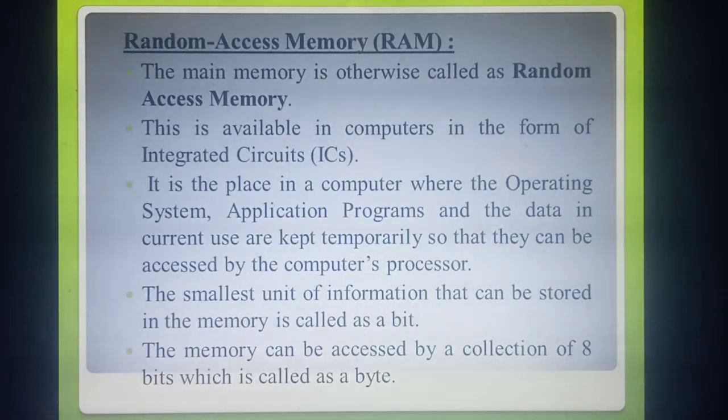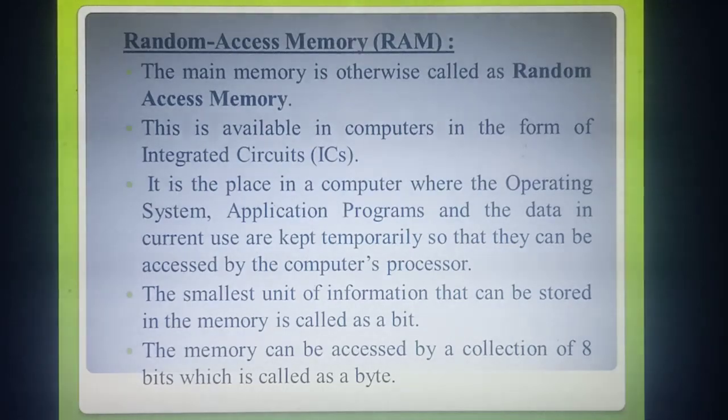In the RAM. That word is very, very important: temporarily, not permanent. The application program, operating system, everything will be stored temporarily in the RAM. You cannot retain the contents, so it is temporary, not a permanent thing.